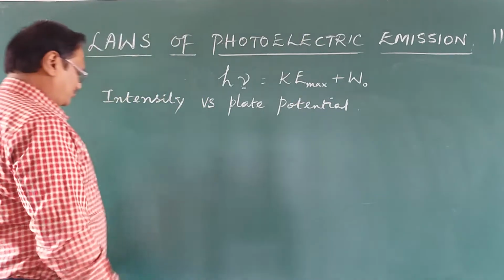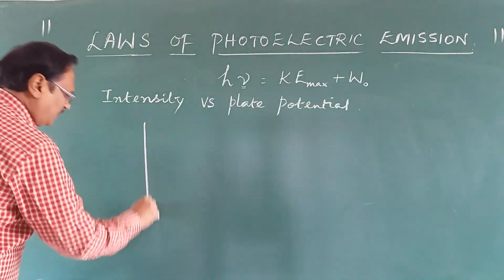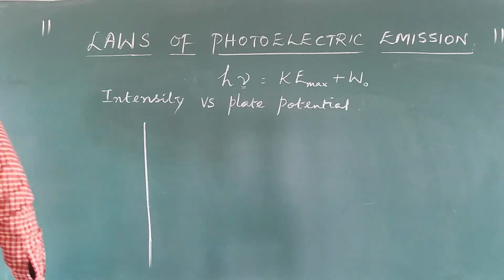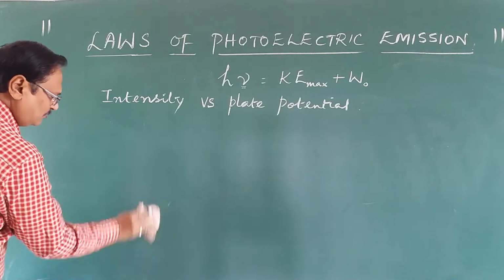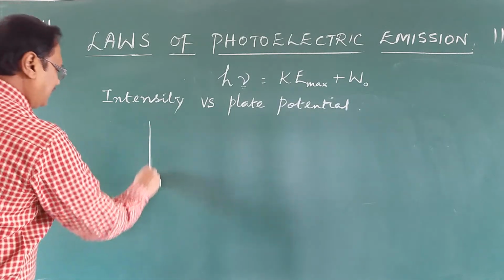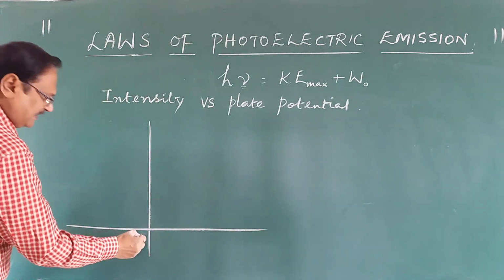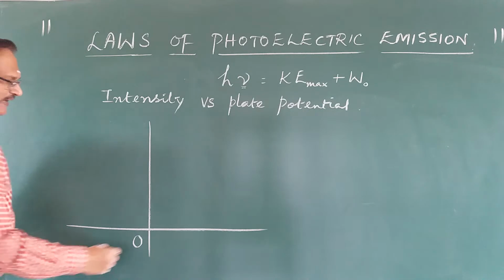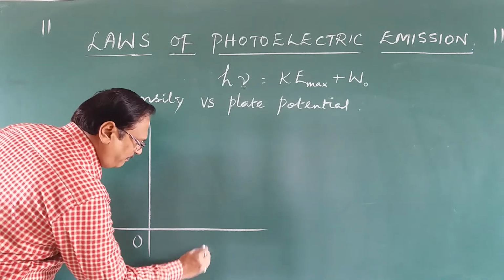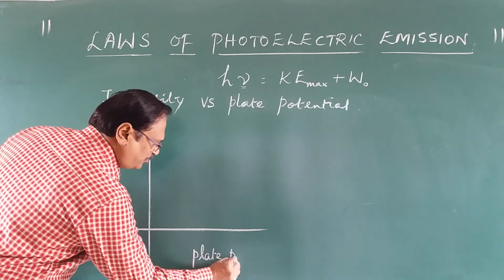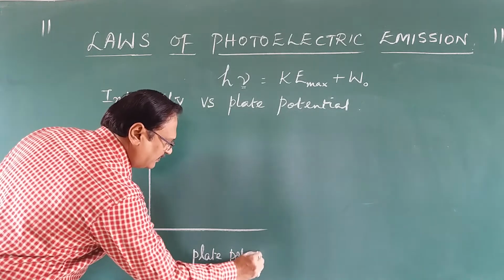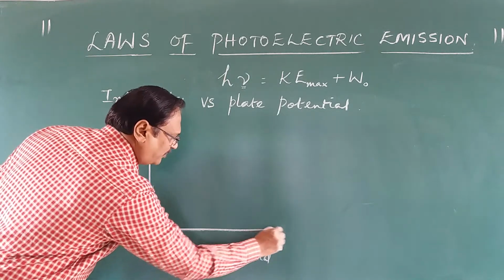Now, how is this? Let me take a y-axis and let me take an x-axis. Let this be the origin and this stands for plate potential. Electrodes are there, so we are taking the plate potential.